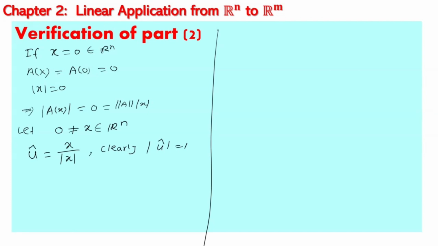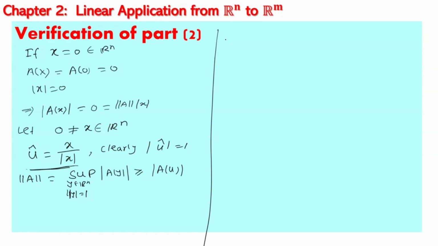Now we are going to use the definition of the norm. We know that the norm of A is equal to the supremum over y belonging to Rn with mod of y equal to 1, of the absolute value of Ay. This is greater than or equal to the absolute value of Au, because u is one particular unit vector, while the supremum is taken over all y whose mod is equal to 1. Since this particular u satisfies that condition, the supremum will be greater than or equal to Au.